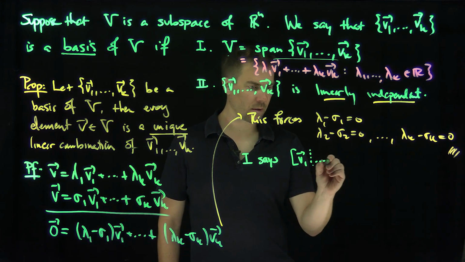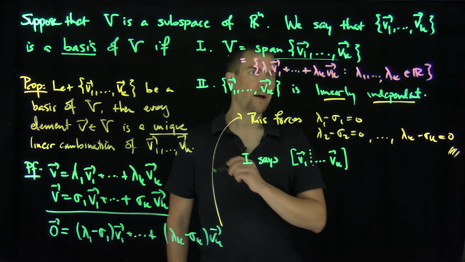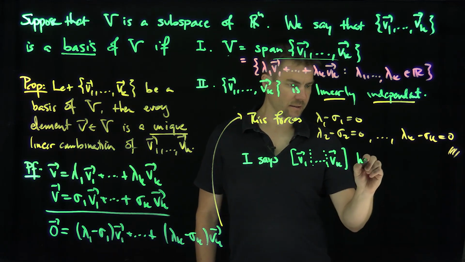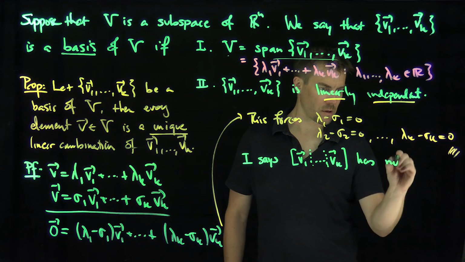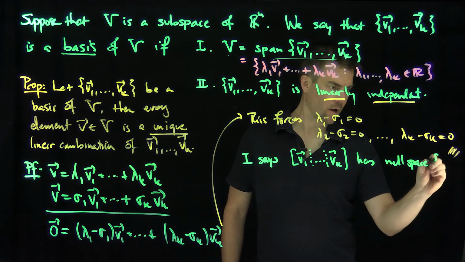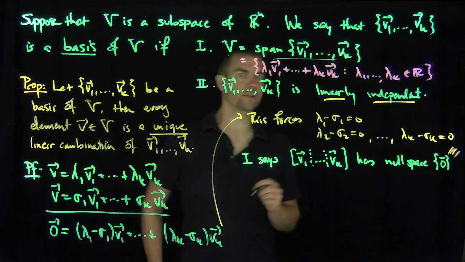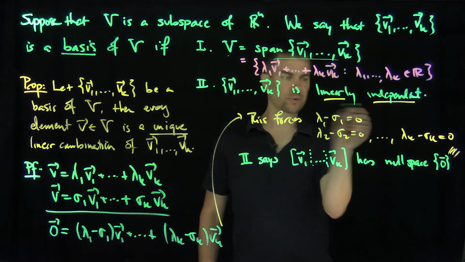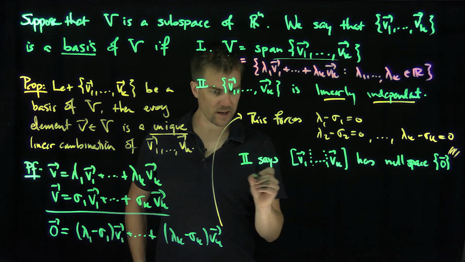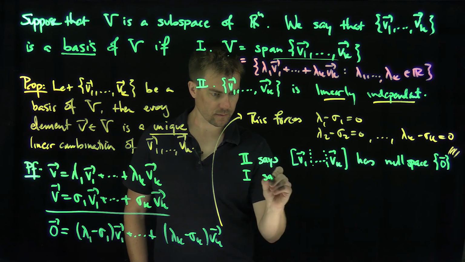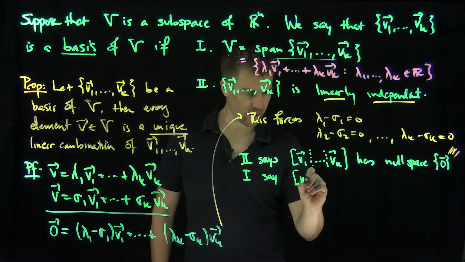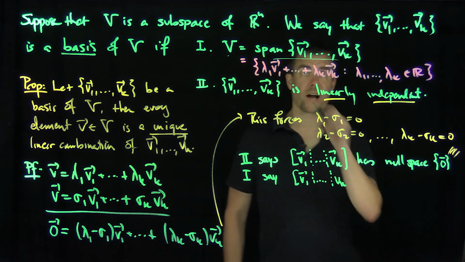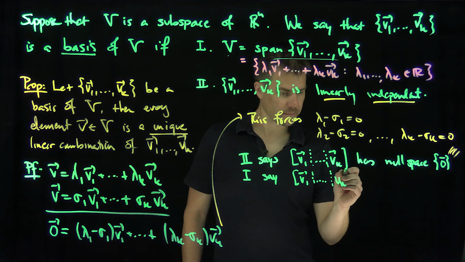If I put those elements V1 through Vk in this matrix over here, number 2 says that the null space of that matrix is just the 0 vector, and number 1 says that this matrix V1 through Vk, augmented with anything in the subspace, is consistent.